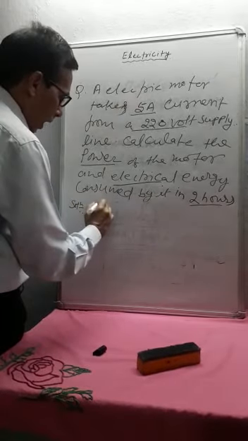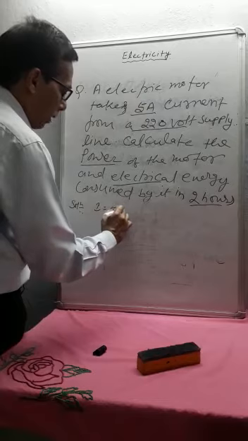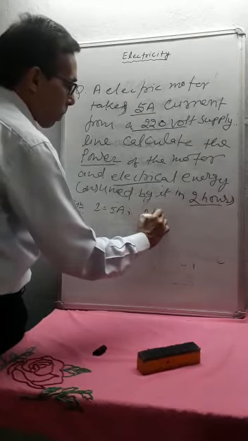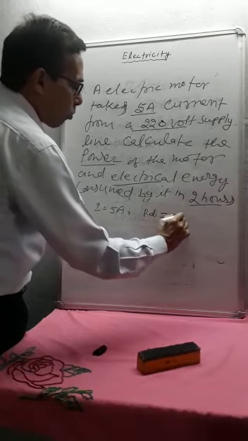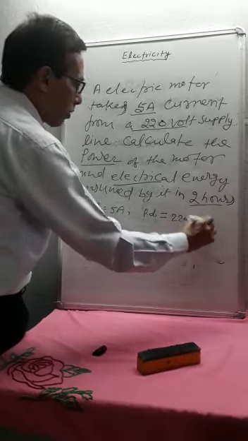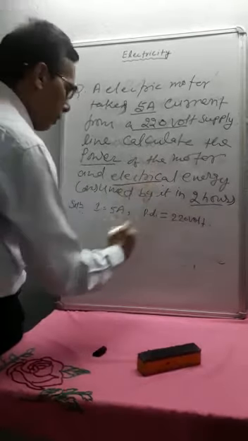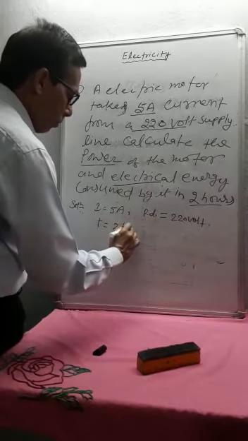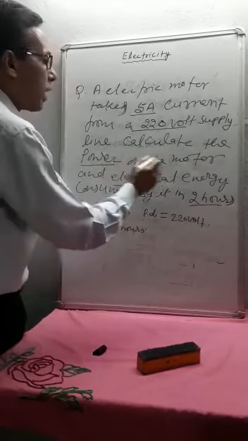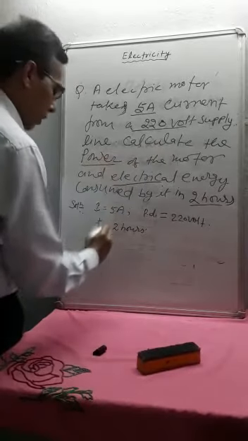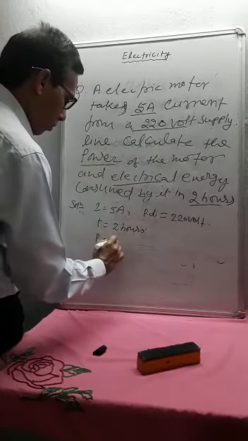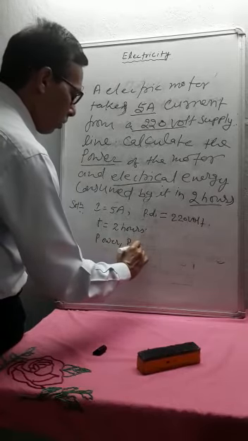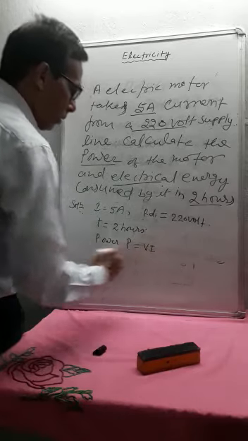Here current I is given 5 ampere. Potential difference V is equal to 220 volt and time T is equal to 2 hours. So first you have to calculate the power. So power P is equal to VI.